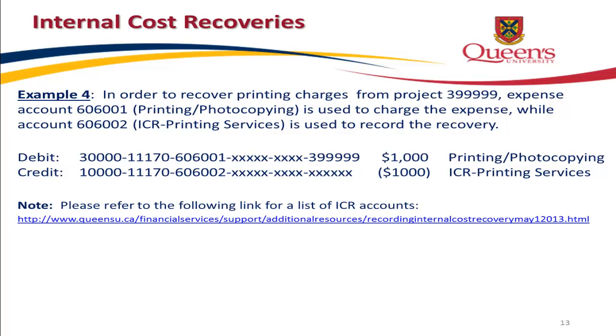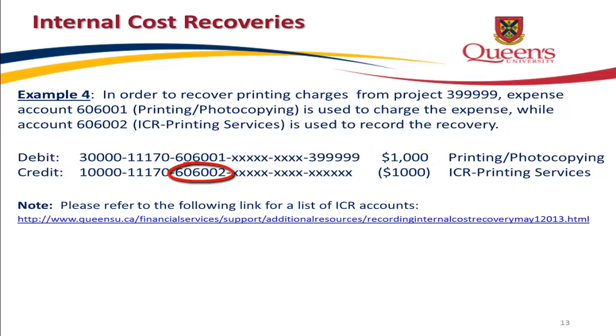Example number 4 involves an internal cost recovery. The expense in this example was originally charged to the operating fund and is being recovered from project 399999. The debit side of the transaction reflects where the expenses are being recorded to. Therefore, original expense account 606001, printing photocopying, is used.